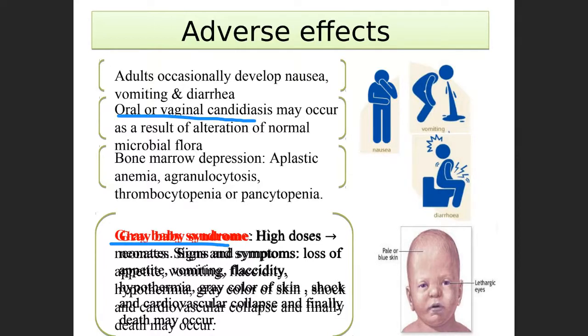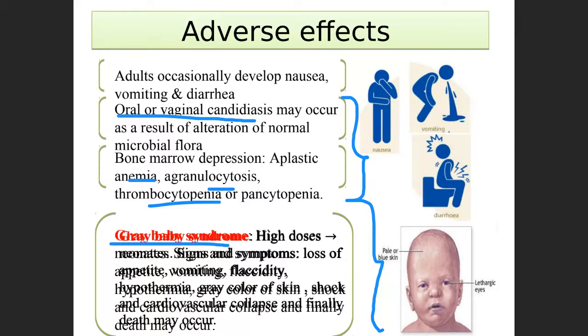Bone marrow depression will be seen, and thrombocytopenia, anemia, aplastic anemia, granulocytosis, all these conditions will be seen. So these conditions are a little bit grave, and gray baby syndrome is also a very grave adverse effect. So because of these dangerous adverse effects, other medications can be used as an alternative to chloramphenicol.